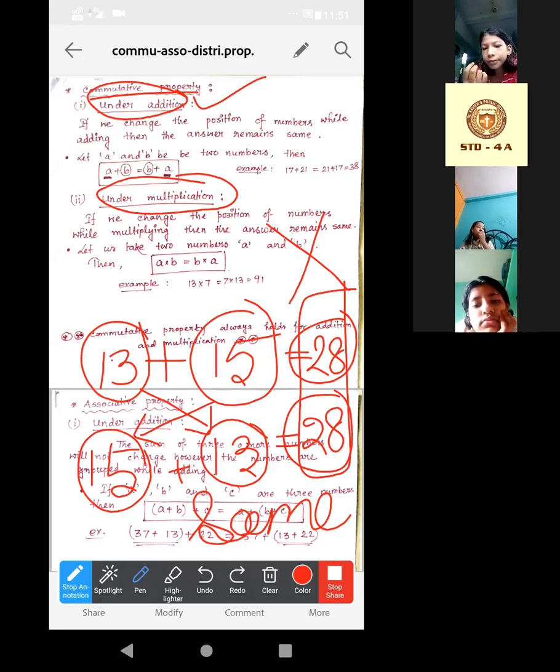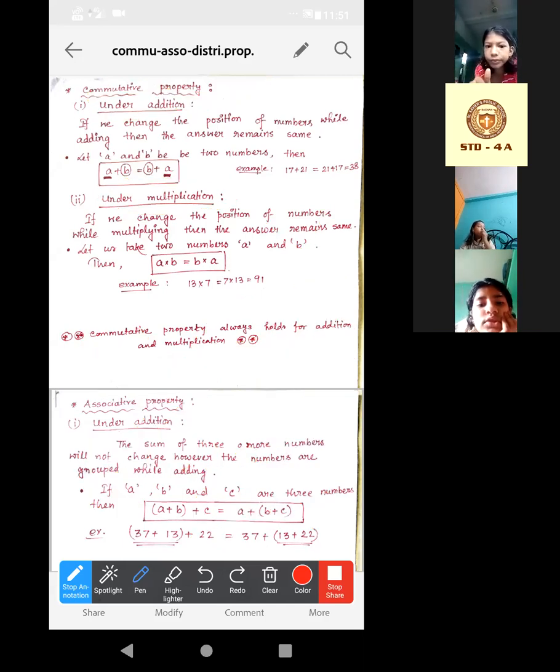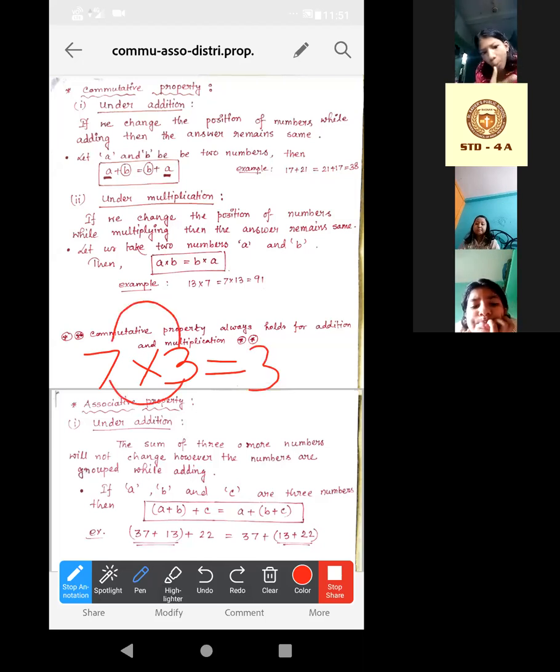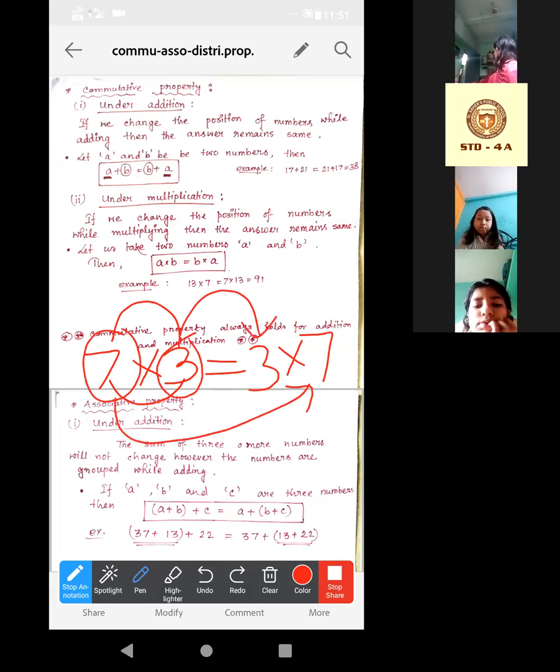For commutative property under multiplication, there will be a multiplication sign. Suppose 7 into 3 is equal to, if we change its place, 3 into 7. Just take the first one at last and take the last one at first. Is it clear? It is under multiplication, that's why we have multiplied. When it is under addition, we have to add.